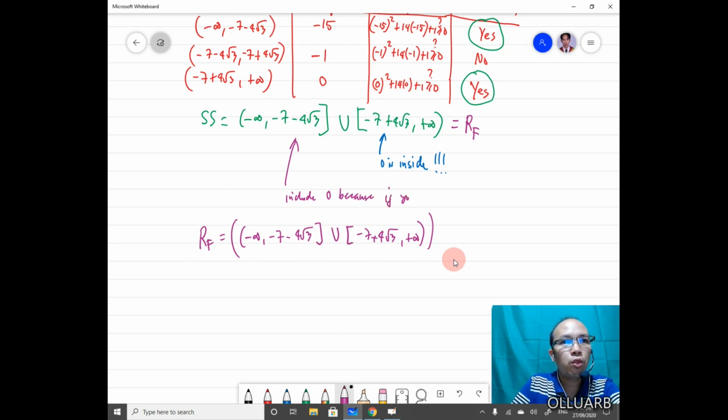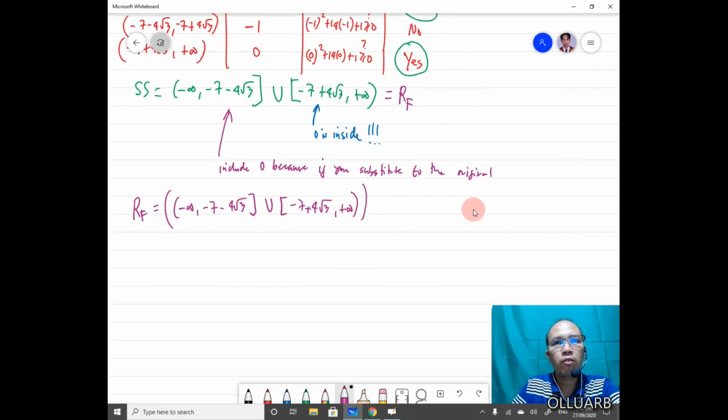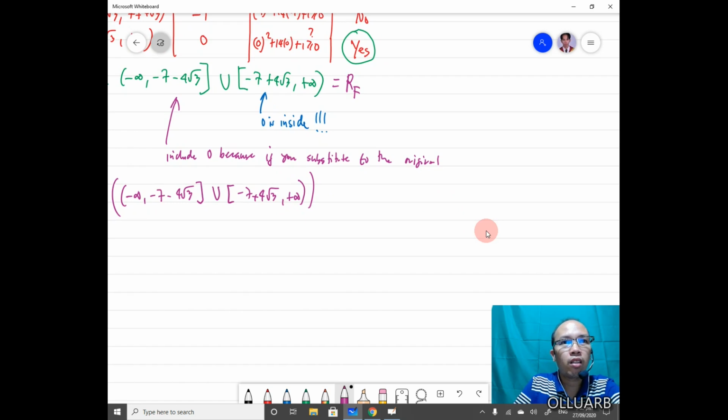if you substitute to the original given, y is equal to 0 has a partner, which is x is equal to -2.